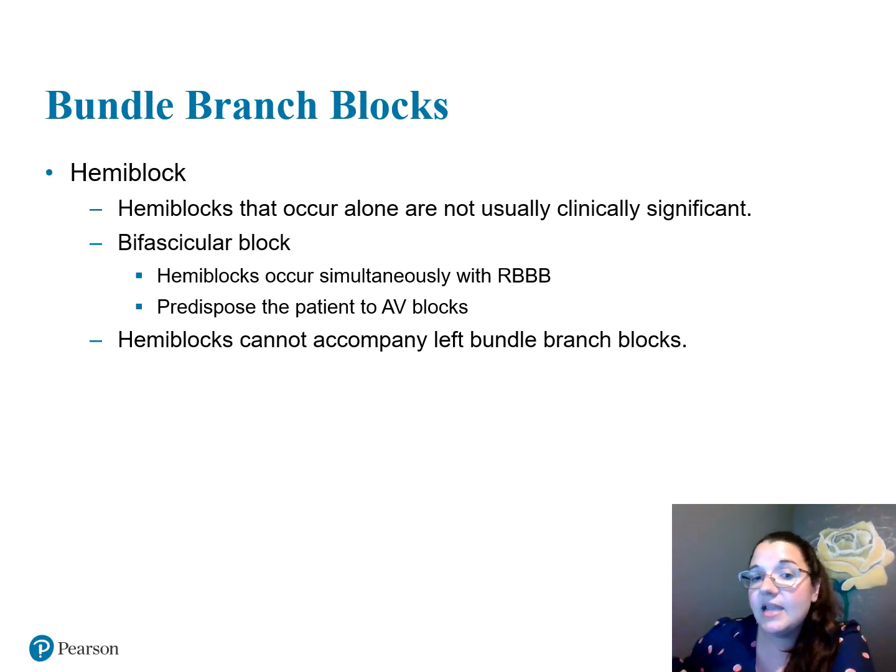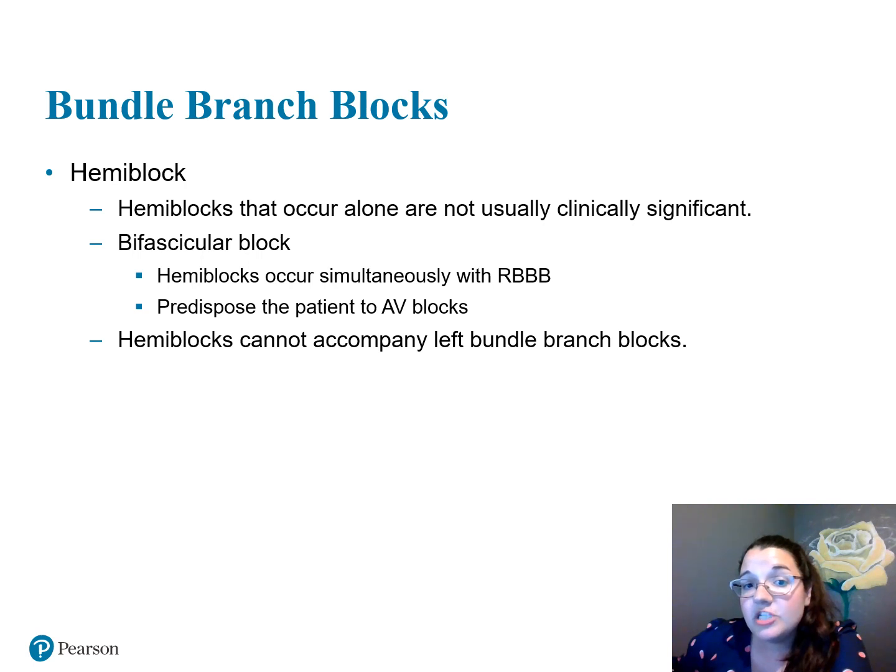Hemiblocks cannot accompany a left bundle branch block. So this is a rule you need to know. Hemiblocks, remember we have two, anterior and posterior. Left anterior hemiblock and left posterior hemiblock. They can only occur on a left bundle branch.